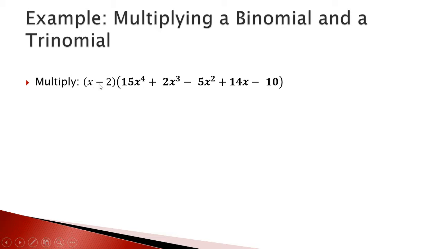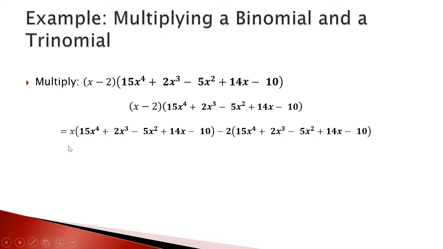Here we have to multiply x minus 2 by the equation 15x to the power 4 plus 2x cubed minus 5x squared plus 14x minus 10. First we have to multiply x by the whole equation, and then we have to subtract 2 times the whole equation.